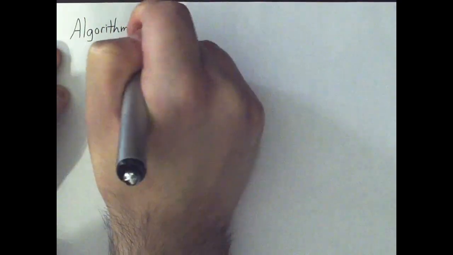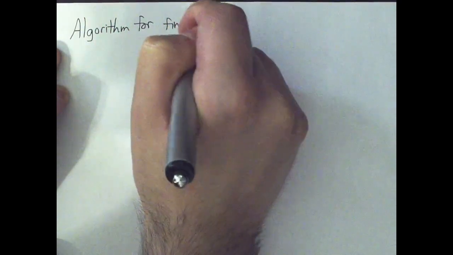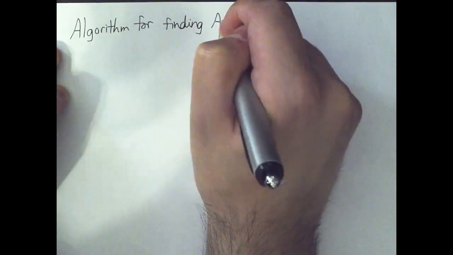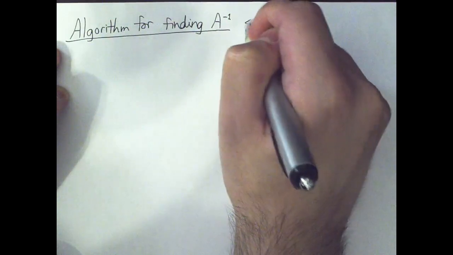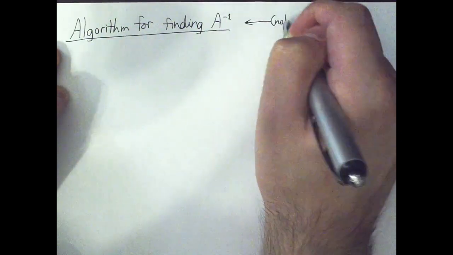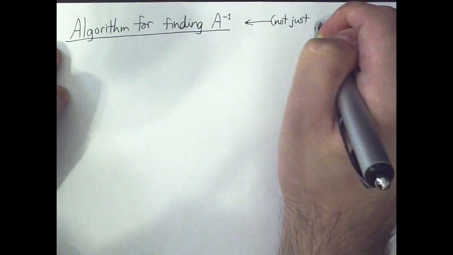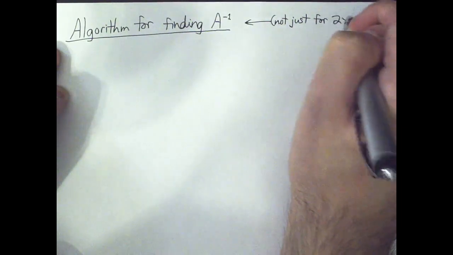So the big thing remaining is an algorithm for finding A inverse, not just for 2x2.